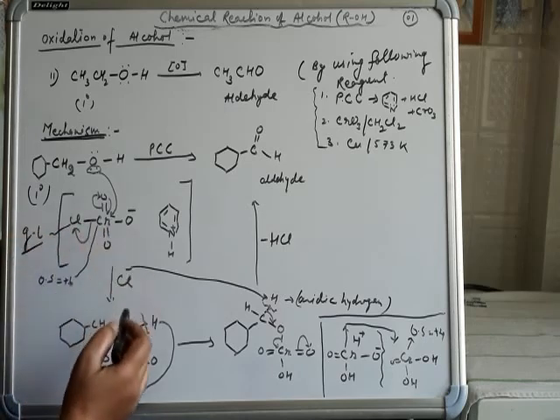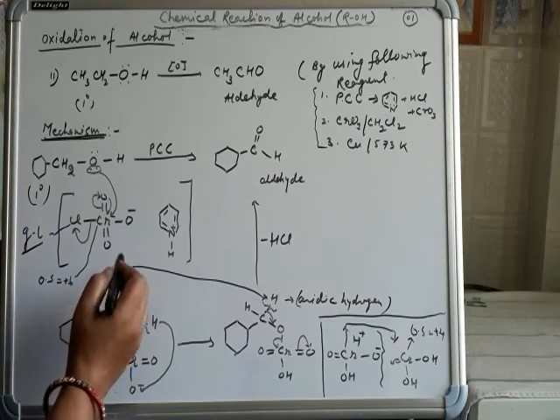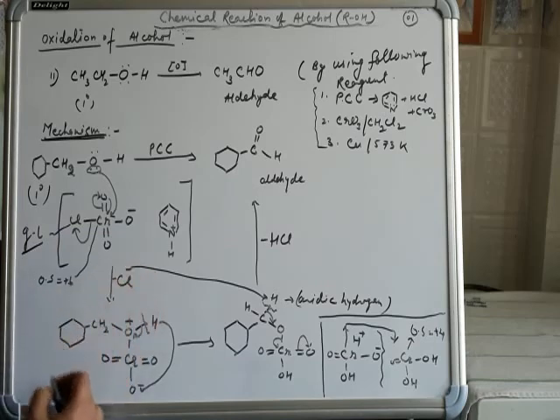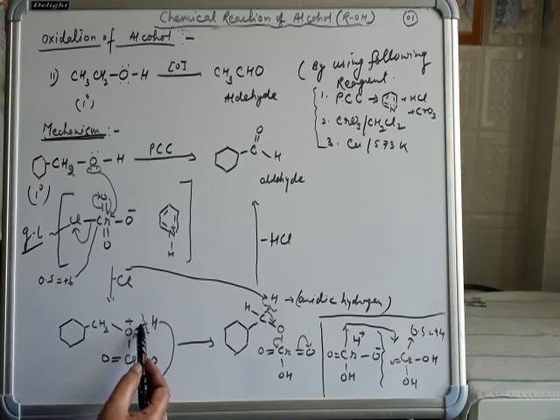Now we have this intermediate compound. Here the positive charge appears on the oxygen atom. So oxygen takes this electron and removal of H plus takes place. When H plus is removed, it is accepted by this, meaning oxygen donates the electron to this H plus.